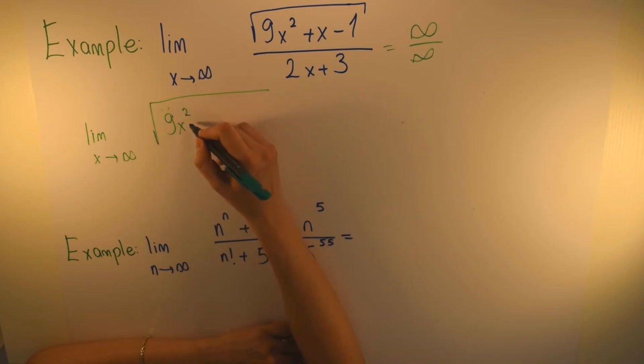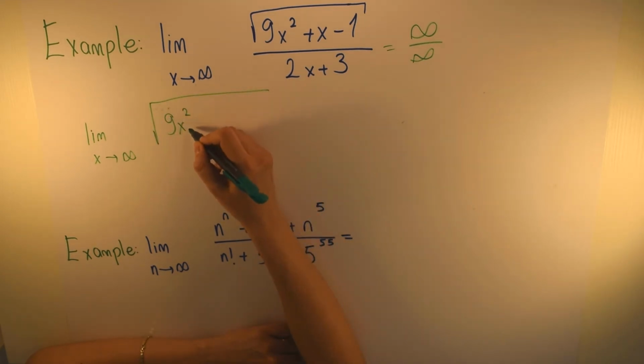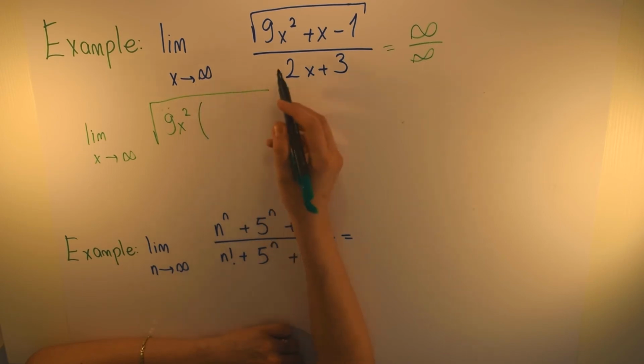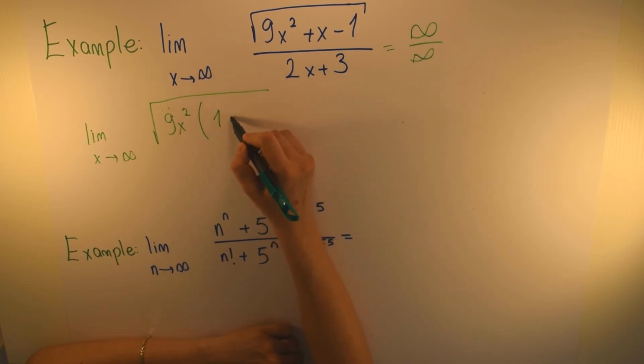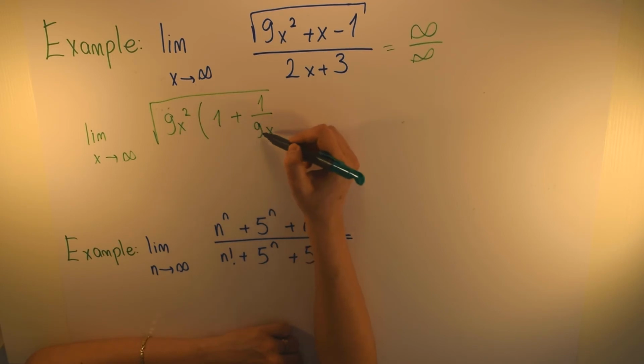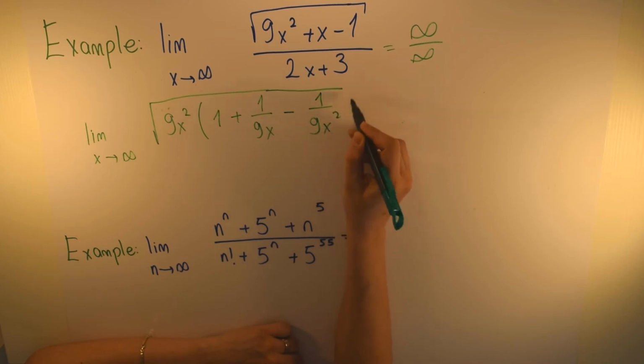Because it's in the root, it's 9x squared in the parentheses. In the parentheses we have 1, plus 1 over 9x, right? When you multiply these two, you get x, and then minus 1 over 9x squared.